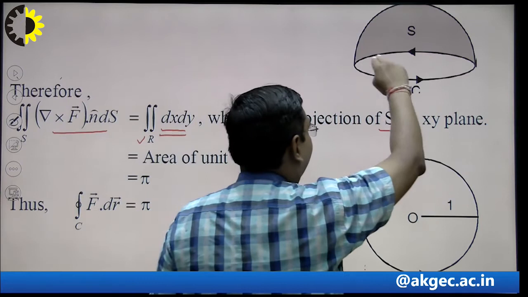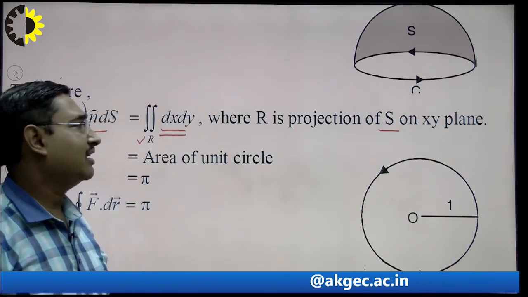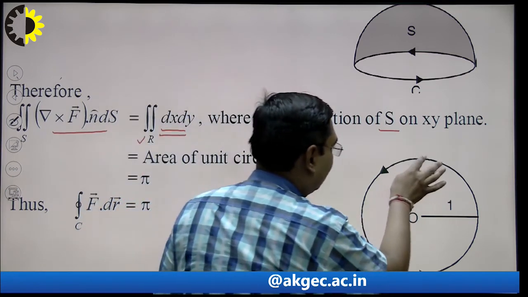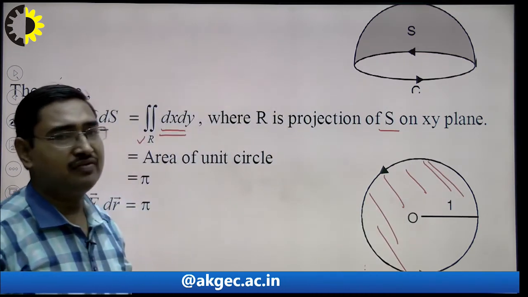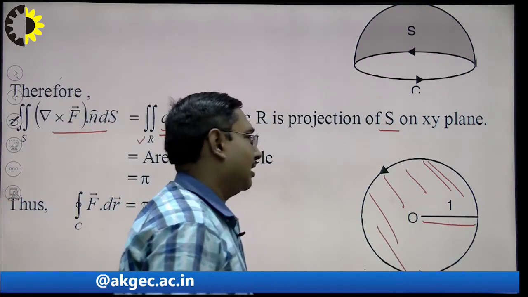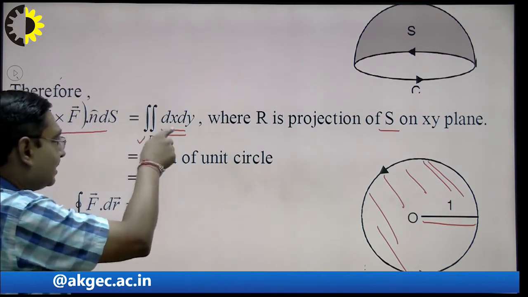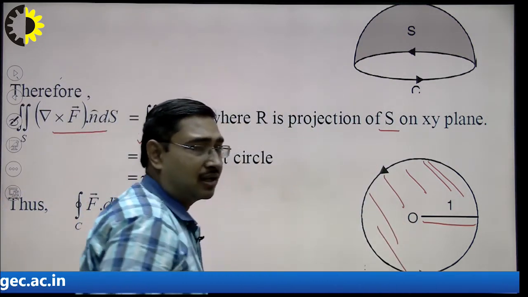The projection of the sphere or hemisphere on the xy plane is nothing but a circle, because the radius of the hemisphere is 1, so it will be a unit circle. Therefore this double integral will be evaluated over this unit circle.